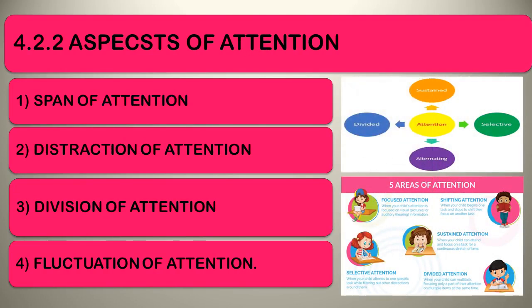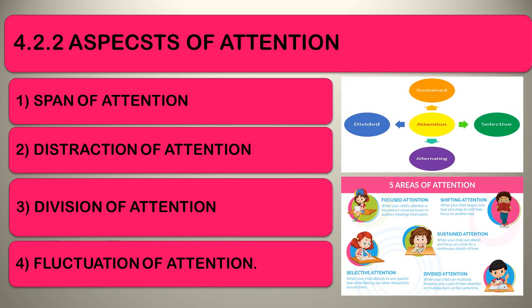Students, till now we have seen that attention involves selecting a few stimuli from many and bringing them into the center of awareness. Now we are going to study the topic 4.2.2 aspects of attention. In this topic, we are going to study how to analyze the various aspects of attention and formulate our own examples for better understanding of it.